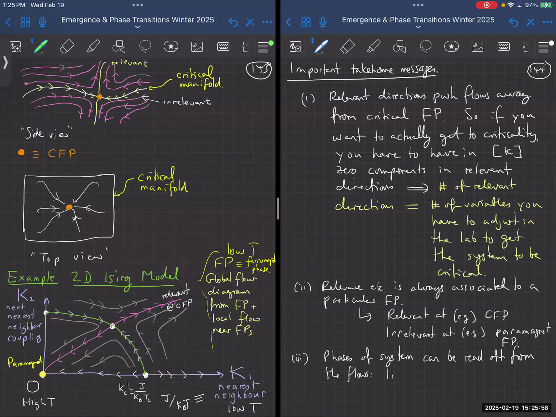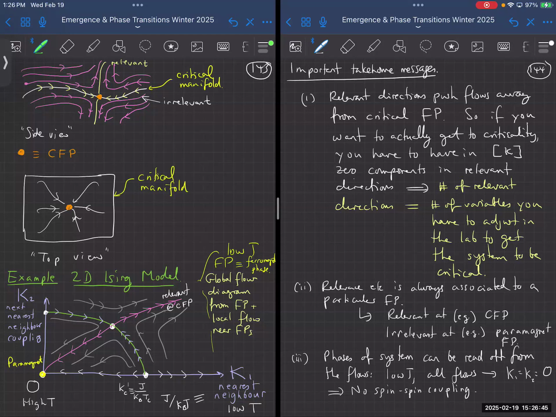So for example, at low temperature, this flow diagram that we've drawn says all the flows go to K1 equals K2 equals 0, and of course all the other Ks as well. And that means that there are no spin-spin couplings. So if you're in the basin of attraction of the paramagnetic fixed point, all flows will go towards the same fixed point.